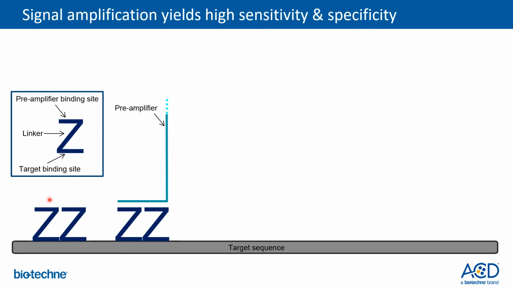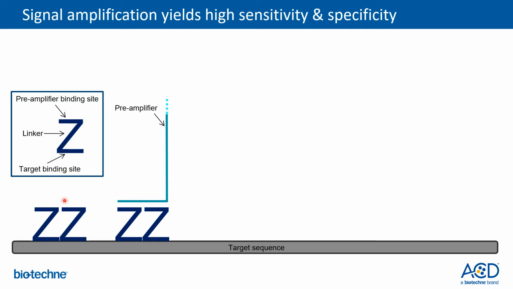As you can see here, we have depicted the RNAscope probes as a Z molecule, and this is mainly to highlight the three key features of the probe, which is the target binding site, where we design this complementary to the target sequence, the preamplifier binding region, which forms the basis or the foundation of our amplification tree, and the linker region, which connects these two parts.